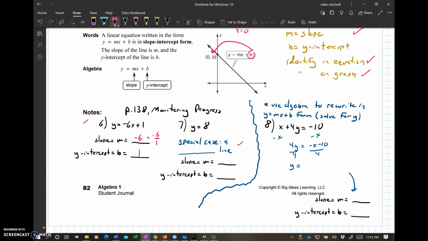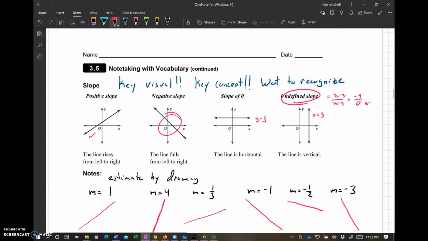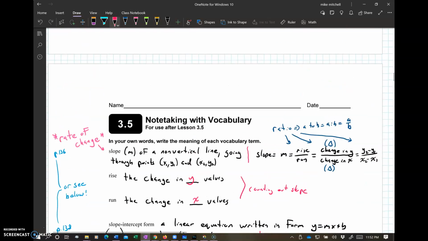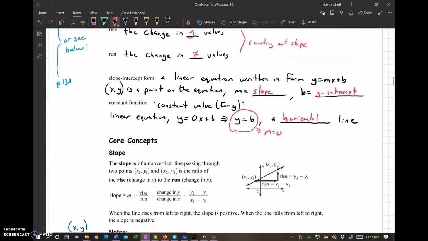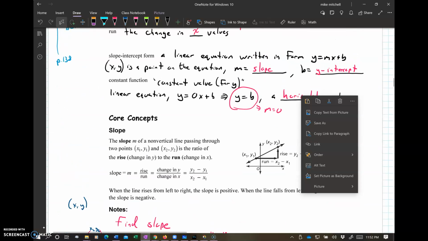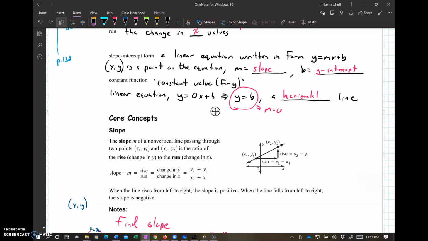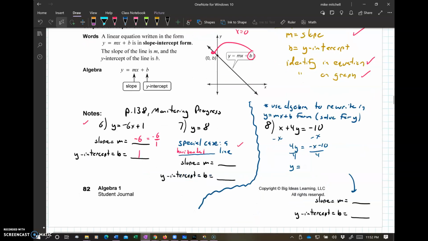Okay, hope you paused it. This is the special case of a horizontal line. That y equals is a horizontal line. That goes back to our constant function. Right there, y equals b, we got a slope of 0.